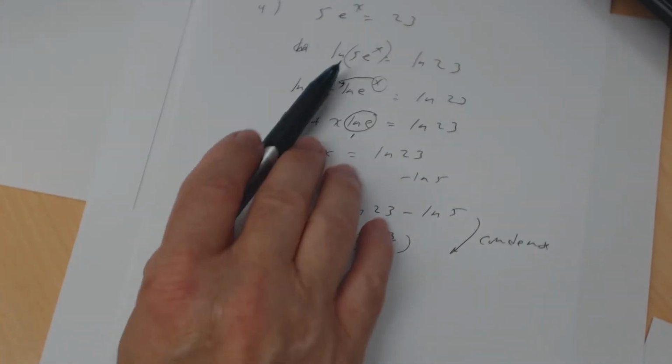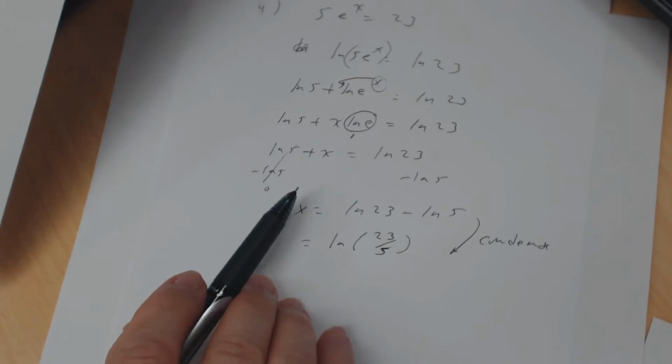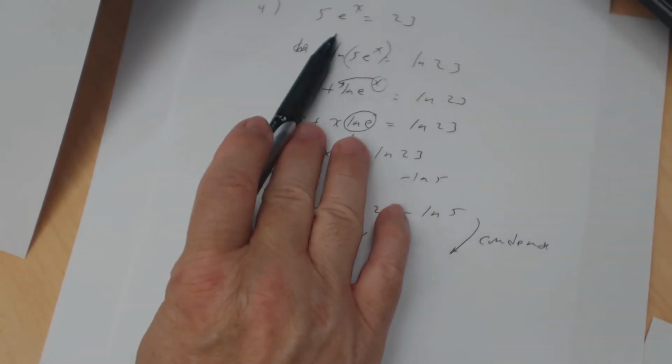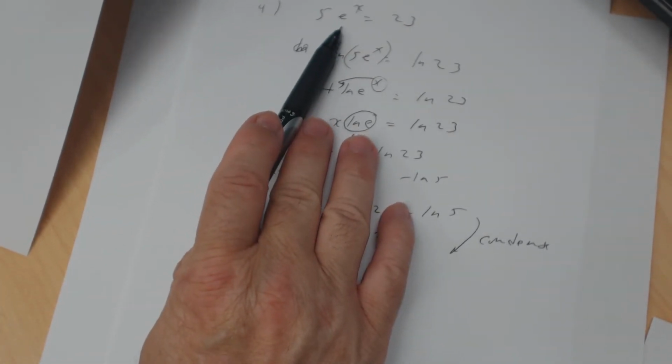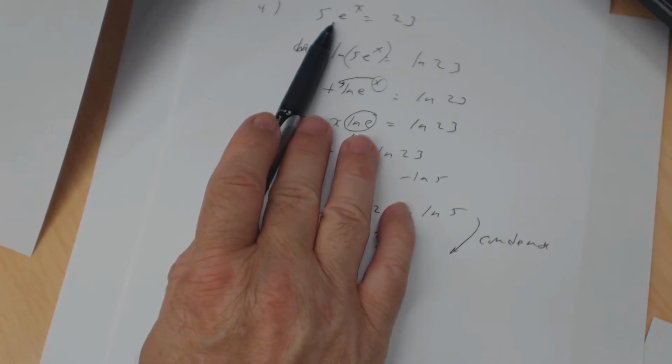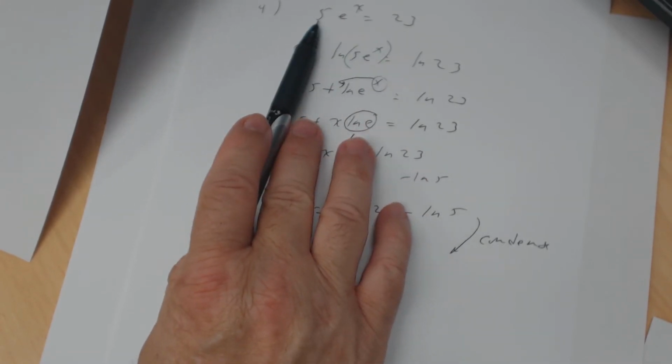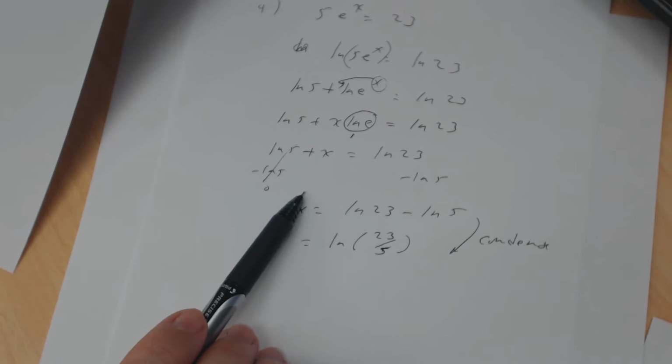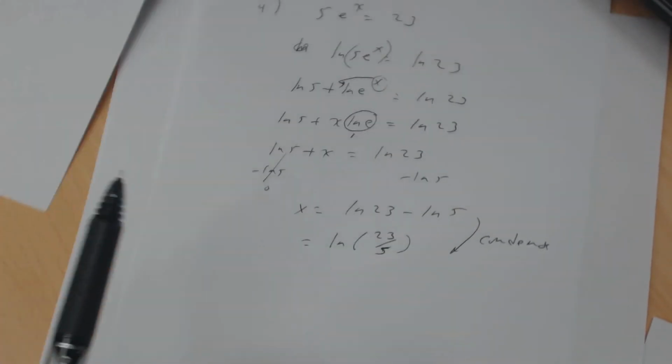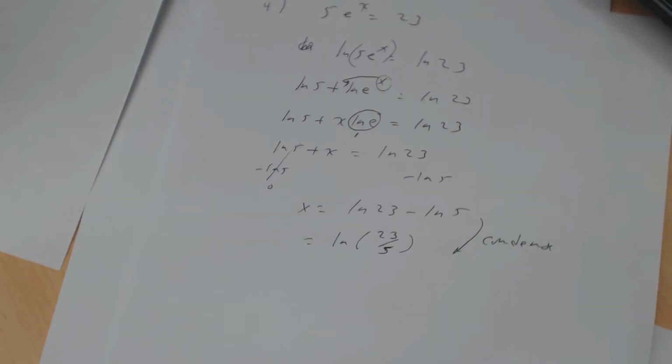Okay? So it is more challenging to do this if you don't get the exponential by itself. If you don't divide both sides by the coefficient, it is more challenging. Look how challenging this is compared to just this. Okay, all right, so that's number 4.